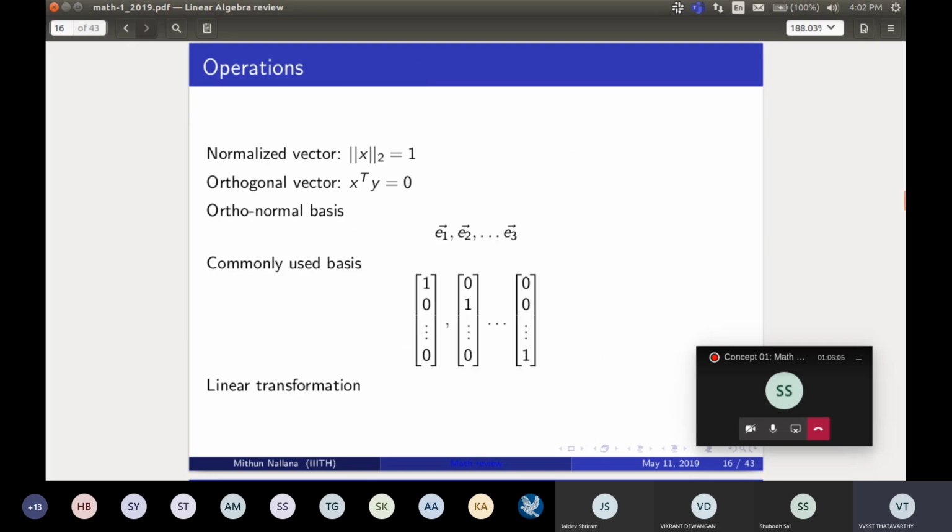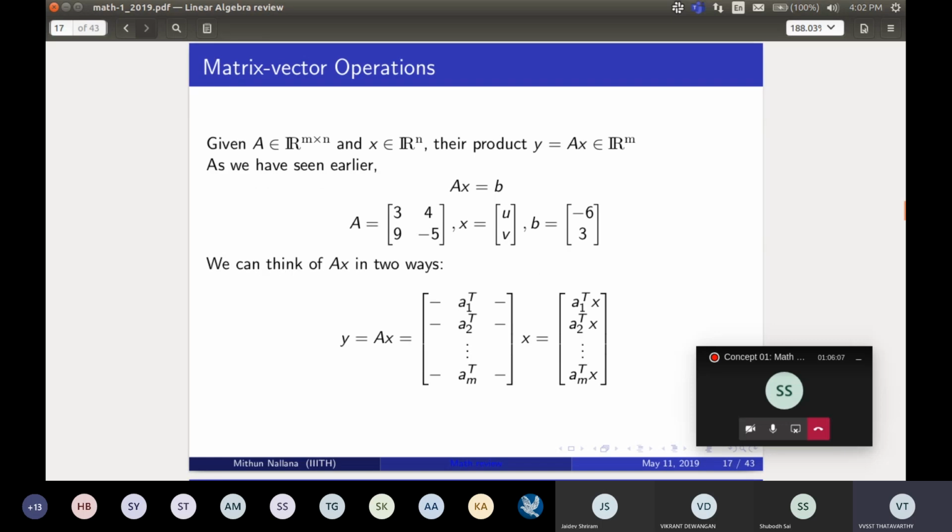And then you have the linear transformation of vectors also. We'll get back to the set of linear equations that we saw at the beginning of the session. You have the vector u comma v. Imagine u comma v as a point in 2D space. You multiply it with a matrix.